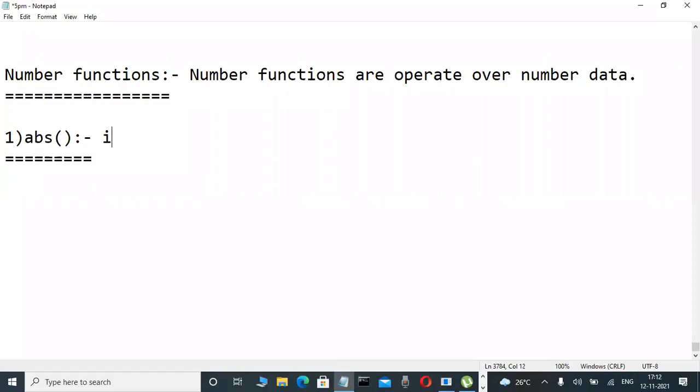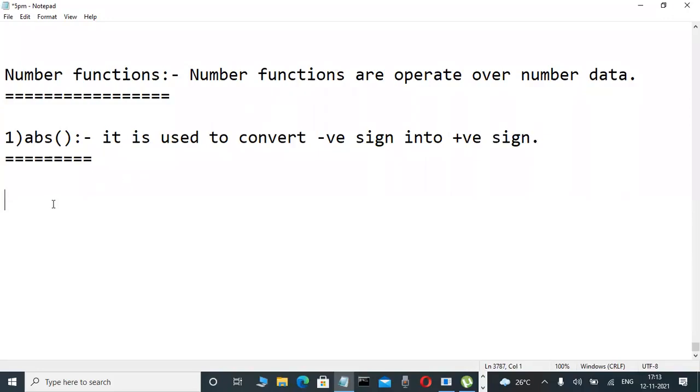It is used to convert negative sign into positive sign.